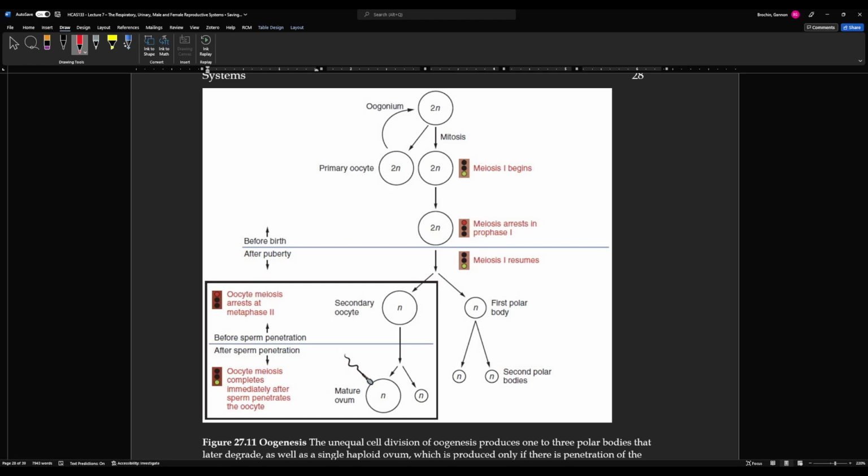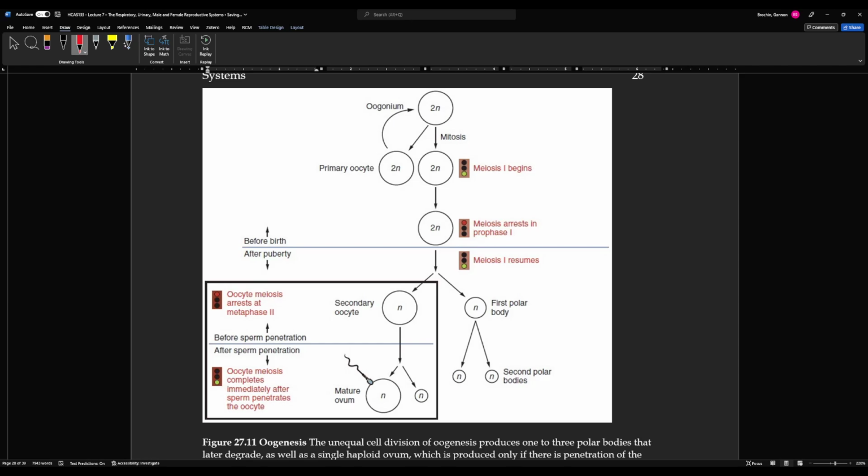We learned about mitosis already, but in order to create gamete cells, we have to undergo a process called meiosis, where there's actually a secondary division that occurs, and it results in only half of the normal genetic material, so that when the two gametes join together, you end up with one full set of genetic material, which allows for the creation of an offspring.